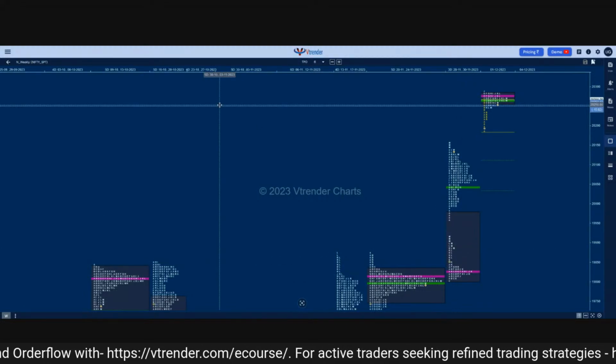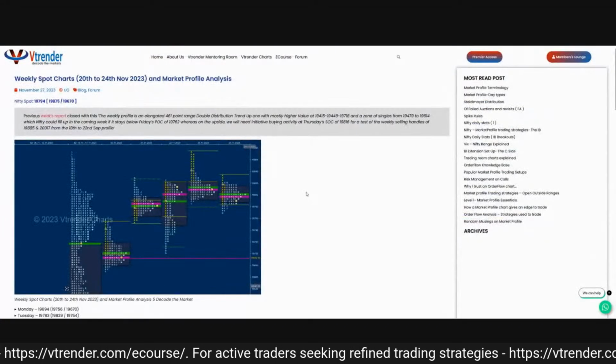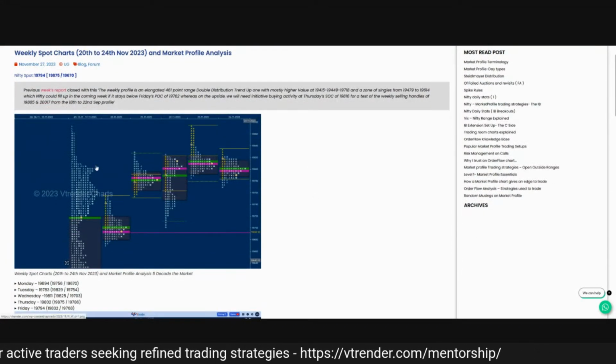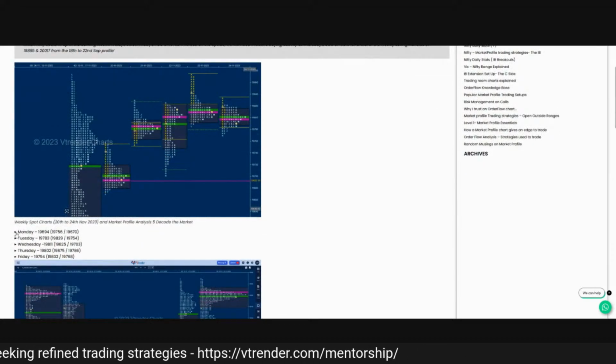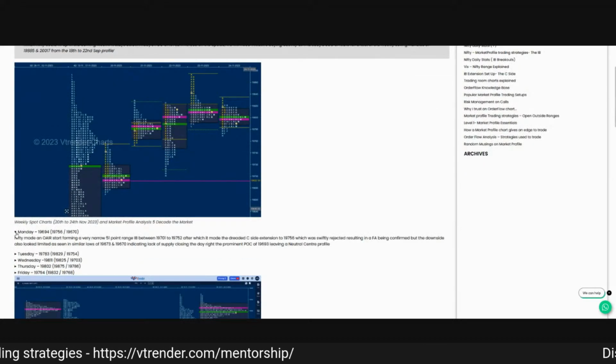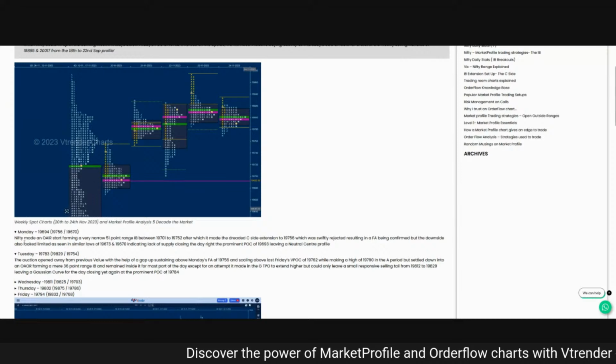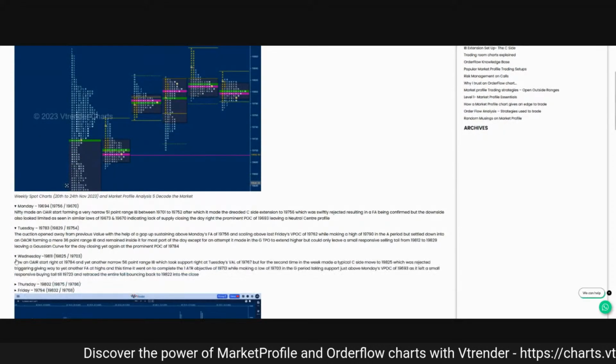And even in the reports, you can see this is the weekly report of last week which is updated. These are spot levels. On the monthly we have an explanation of what the auction did week-wise. On the weekly we have a small write-up about what the auction does on a daily time frame.